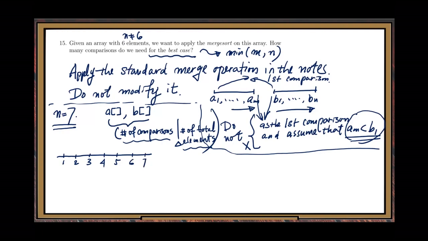Now we split somewhere in the middle. For the first split, we get 2 subarrays. Then the second round of splits on these 2 subarrays.